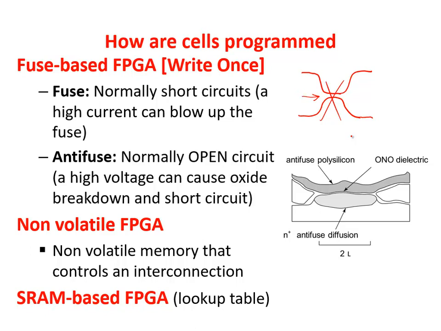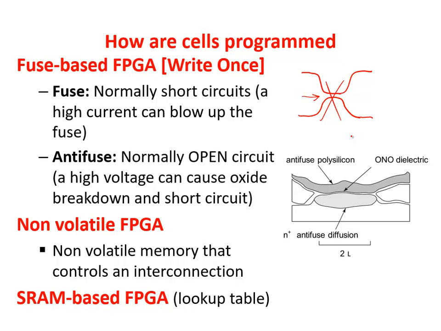And you have also the opposite, which corresponds to the antifuse situation, illustrated there. You see there are two layers of conductors, typically polysilicon, that are at fabrication separated by a thin layer of insulator, and so they are insulated at the beginning. This ONO dielectric is an oxide, nitride, oxide dielectric, so it is, of course, an insulator.